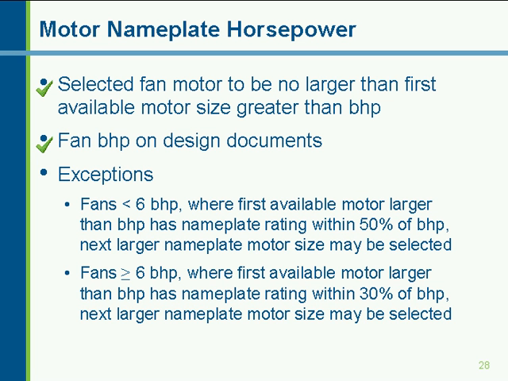If you've got fans less than 6 brake horsepower and the first nominal motor size greater than the brake horsepower is within 50% of the brake horsepower, you can go up to the next larger motor size. If the fan is greater than 6 brake horsepower, where the first available motor size larger than the brake horsepower is within 30% of the brake horsepower, then you can also go up to the next larger size motor.